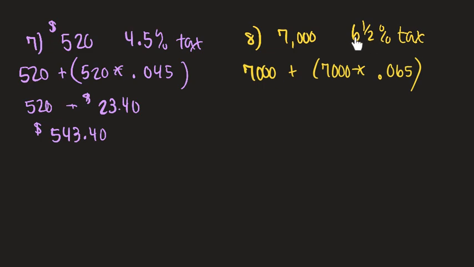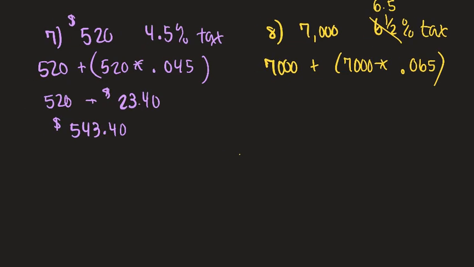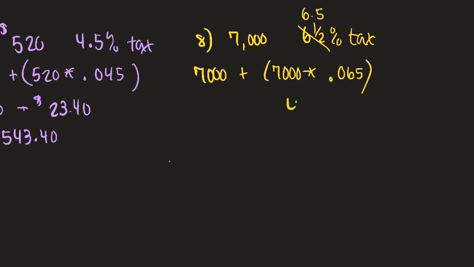Was that tricky? Now we hop 2 hops, it becomes that decimal. So 7,000 times 0.065, $455 in sales tax, plus the 7,000 we started with. I hope you typed in $7,455. Don't forget your dollar sign on all of these questions.